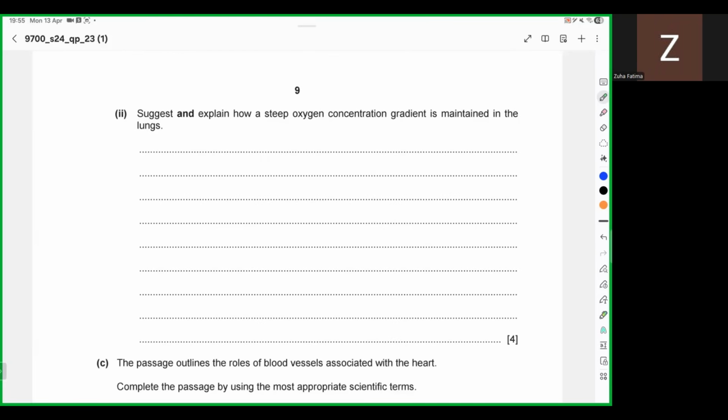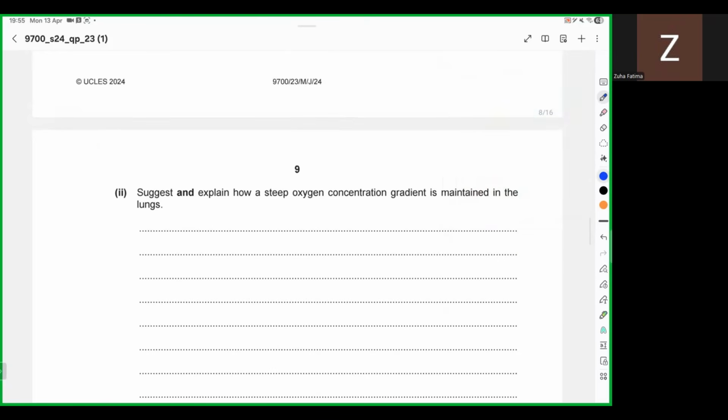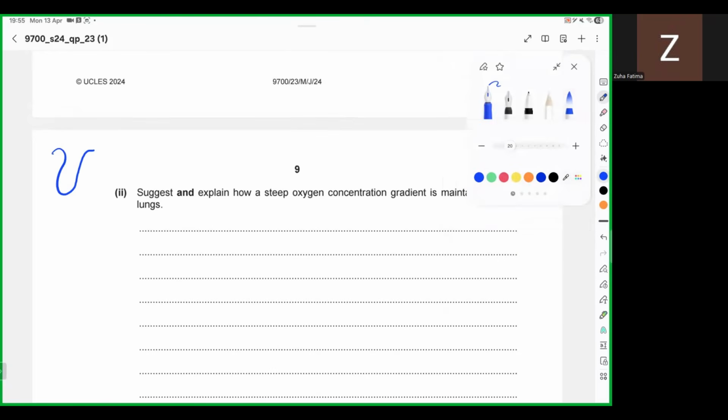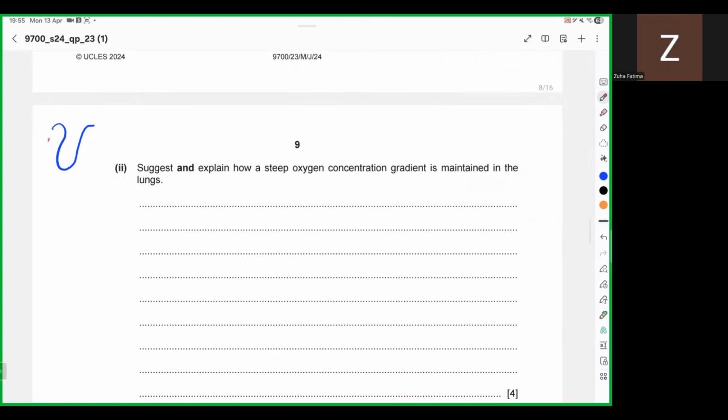When we talk about the gas exchange system, let's say we have the alveoli, this is our alveoli and this is the capillary. Constantly oxygen rich air is coming in and oxygen deficient air is going out.